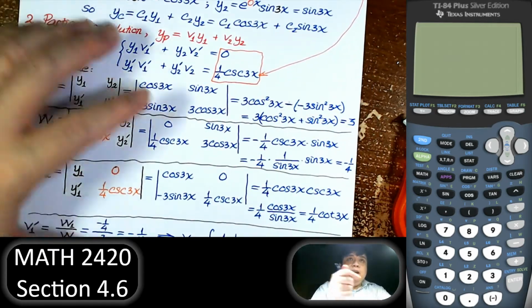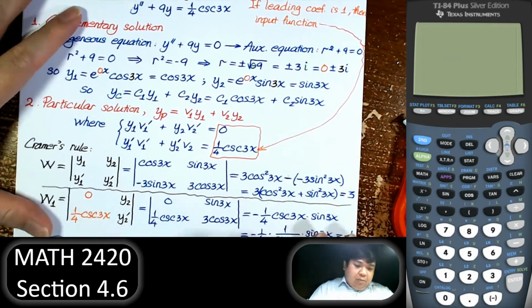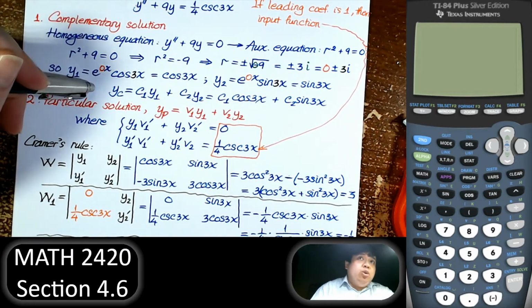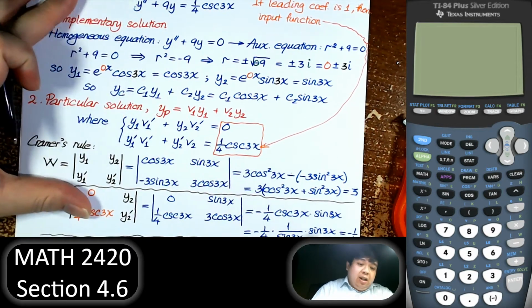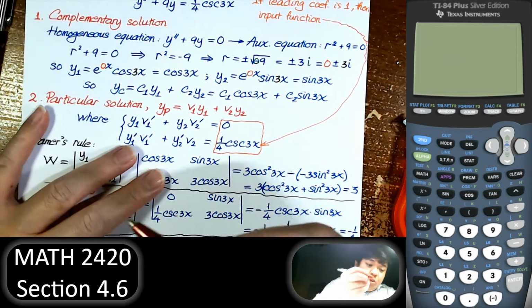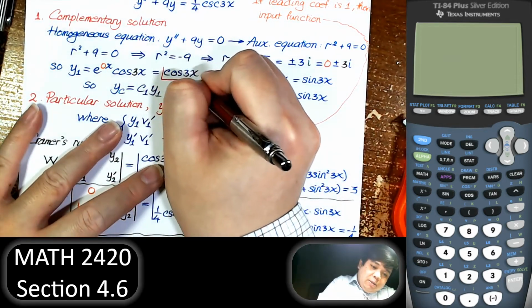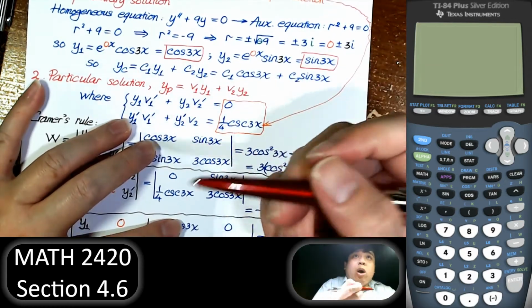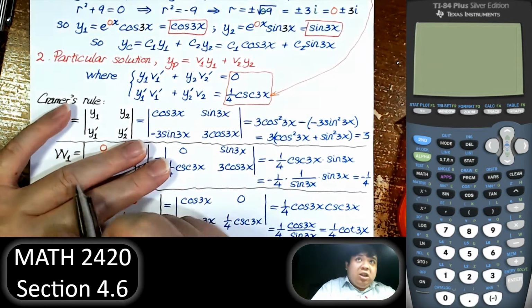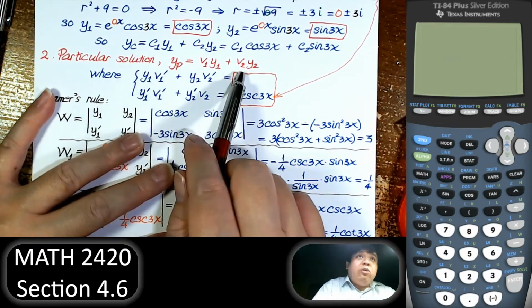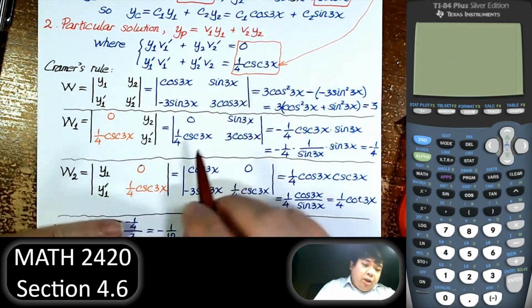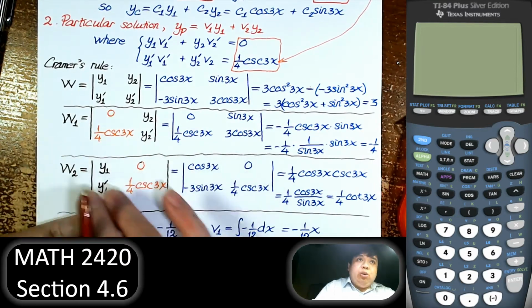So yeah, I write a few more steps than I need to, but we have complementary solution. Get that. What we get is we need to know what is y1 and y2. Once we have y1 and y2, the particular solution would be in that form of this system of equations. Using Cramer's rule, we have w, w1, w2.